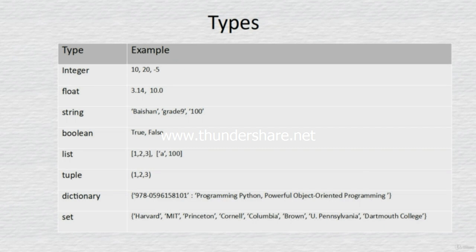A string is a sequence of characters surrounded by single quotes. For example, Baishan, grade 9, they're strings. Now, what about 100? 100 by itself is a number, but here, this number is enclosed in single quotes, so it is a string.